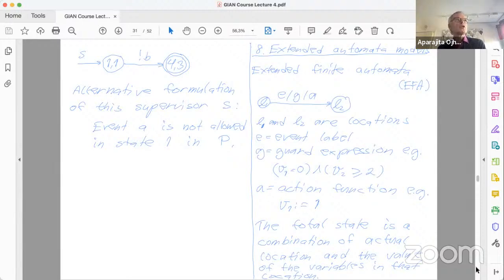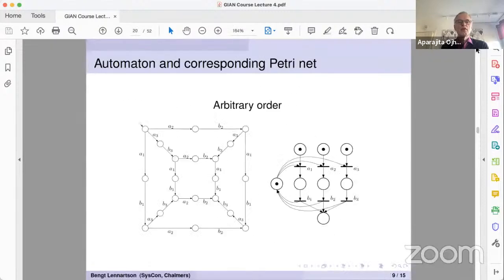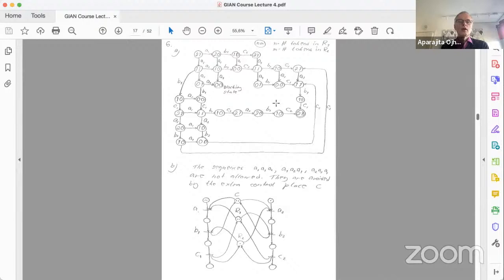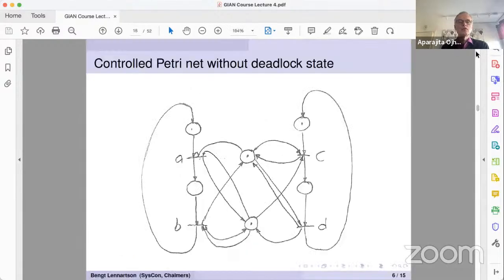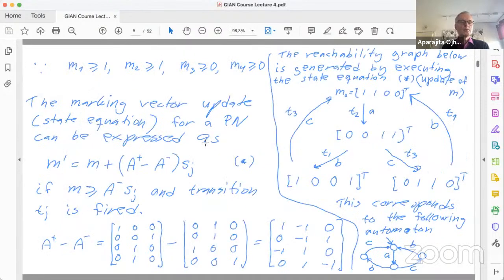The computational tools here are, of course, that if you have a given Petri net, you just implement this equation and guarantee that you go through all the reachable states, and it's typically recommendable to generate a breadth first search also in this case.